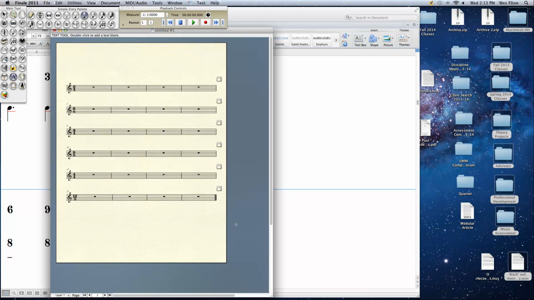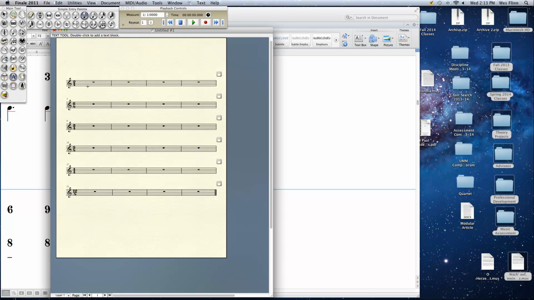So I've got this blank piece of staff paper up here. I'm going to put some eighth notes in just so we see what's going on. I'm not going to overdo it here. You'll notice when I put these in how it's grouping them. I'll even put 2 quarter notes here at the end.